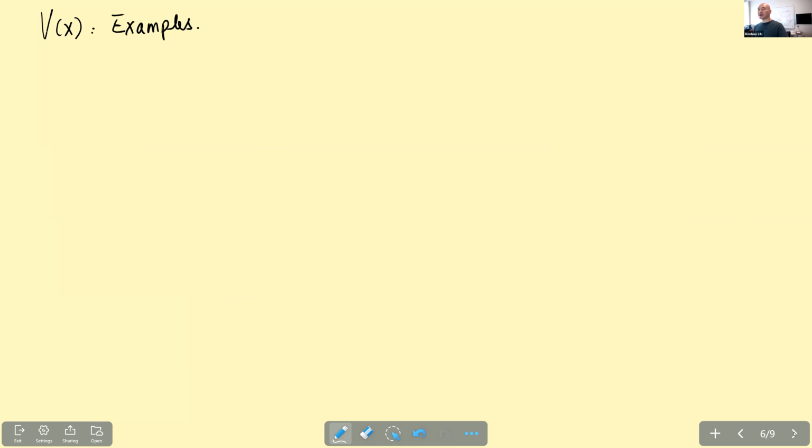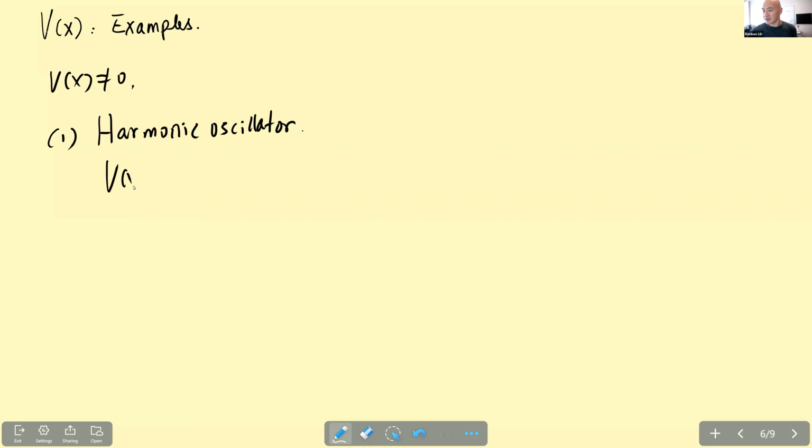Now we can consider more general cases, that's V(x) is not 0. There are many different cases. Let's give a few examples. One famous example, and we're going to study it very thoroughly, is this harmonic oscillator. In this case, you know that V equals kx squared over 2, where k is just the spring coefficient for this harmonic oscillator.